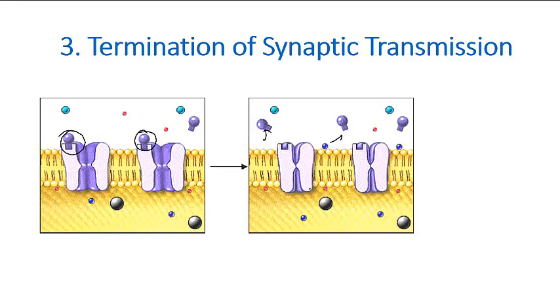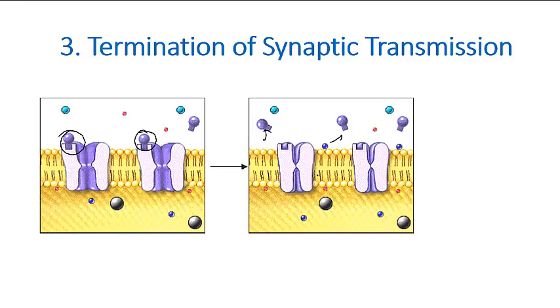Most often the neurotransmitter is pumped back into the presynaptic terminal and into the nearby glial cells. Here we illustrate the neurotransmitter glutamate being pumped back from the postsynaptic side to the presynaptic neuron again.